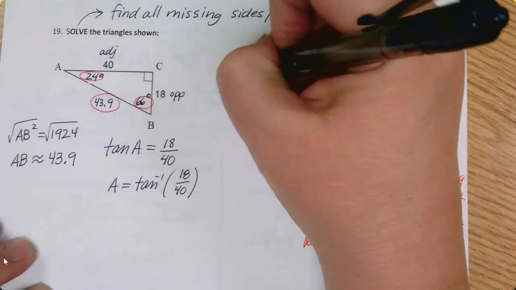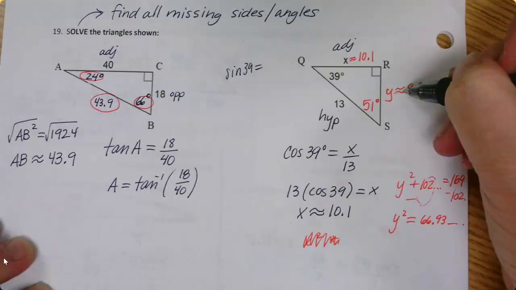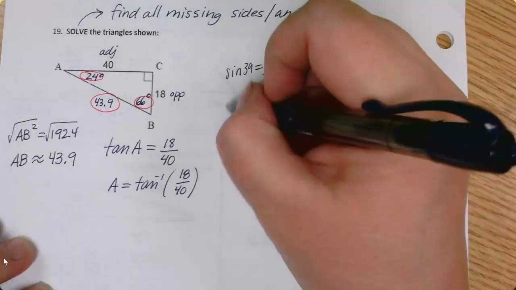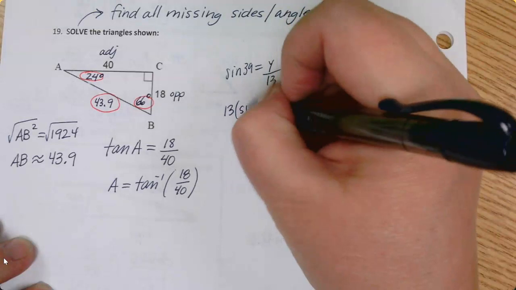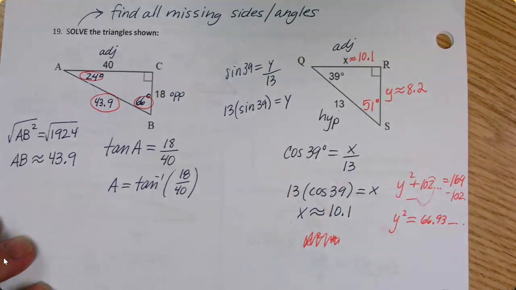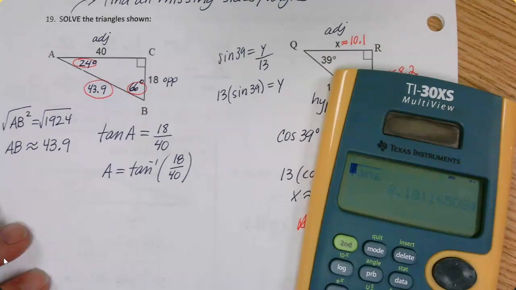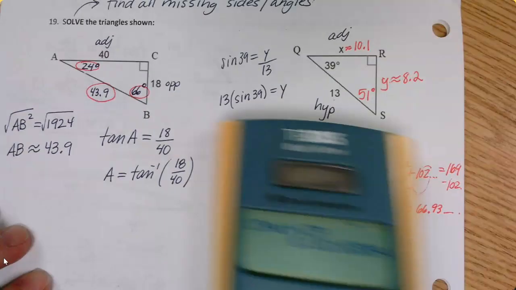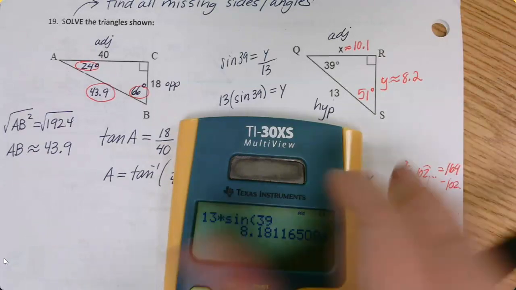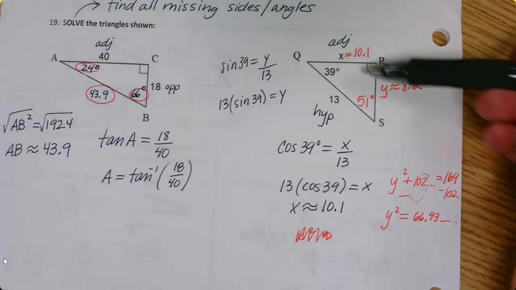Sine of 39 equals opposite, which is y, over hypotenuse, which is 13. 13 times sine of 39 equals y. This is not really a longer way, it's pretty quick. 13 times sine of 39 is 8.18. That's how I got here from the other one. So it's very close.